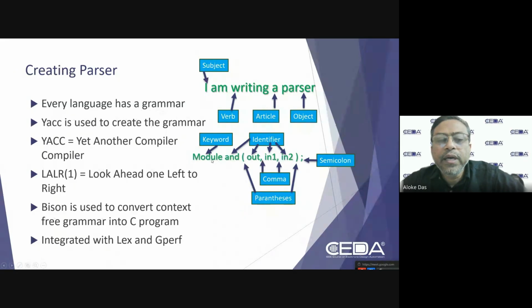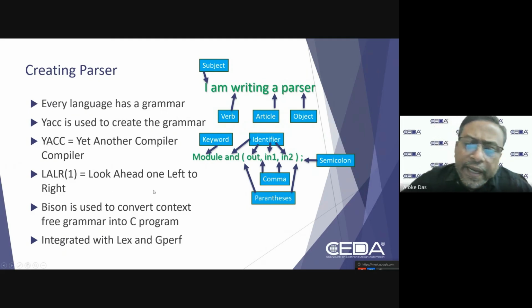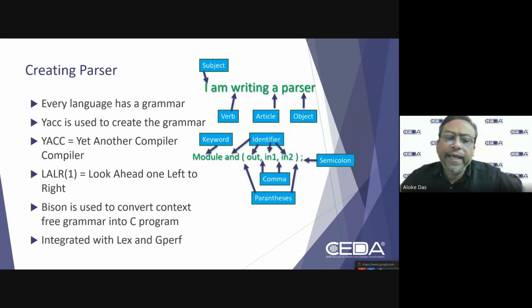So it will read this, and it will read this also, and keep it as a buffer so that based on that it can take some decision. Most computer languages are LALR(1). There are LALR(2), (3), or other kinds of languages also, but as an electronics engineer, you don't need to get into that. That is a pure computer science topic.